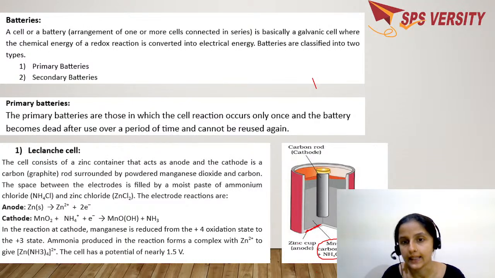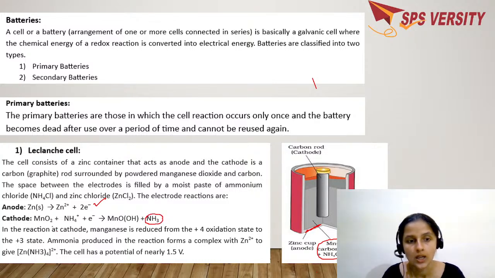What happens during the reaction? Zinc undergoes oxidation to give Zn2 plus. At the cathode, the carbon doesn't participate in the reaction. The paste, MnO2, reacts with NH4 plus and reduction happens, and you get NH3.